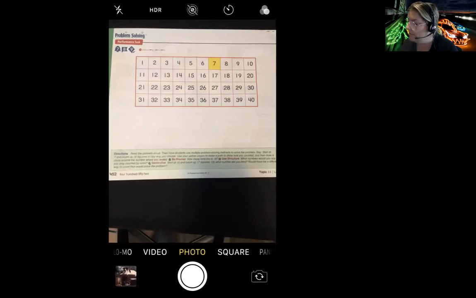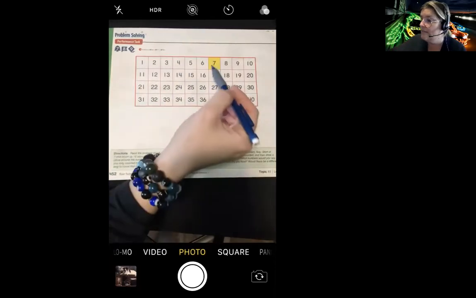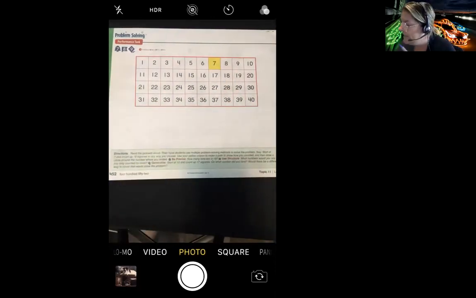Think about how you could count up to 18. You can count by ones.